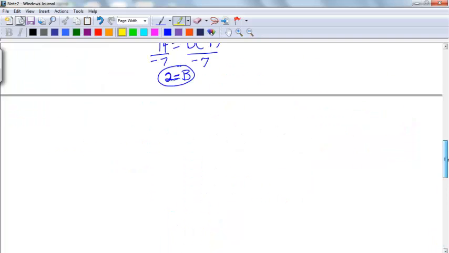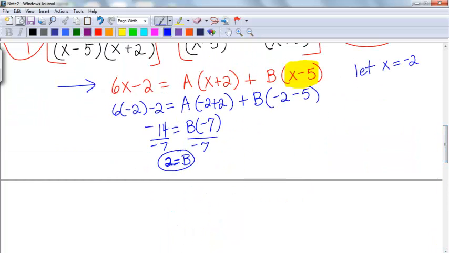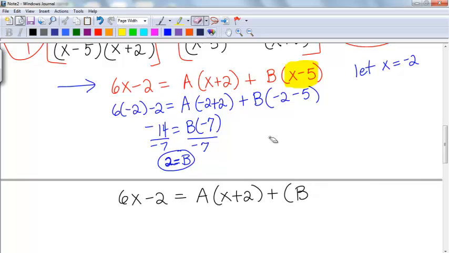So taking another step, okay, so you'd let 6x minus 2 equals A times x plus 2. I'm just recopying that line. B times x minus 5. So to let that term drop out, let x equal 5.